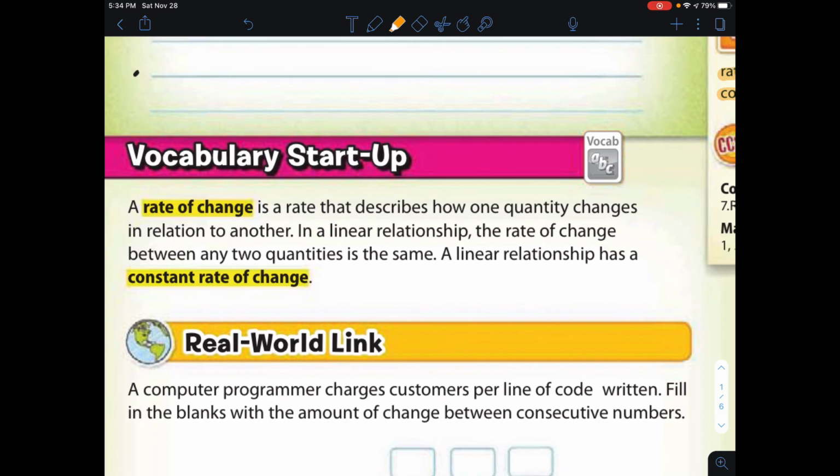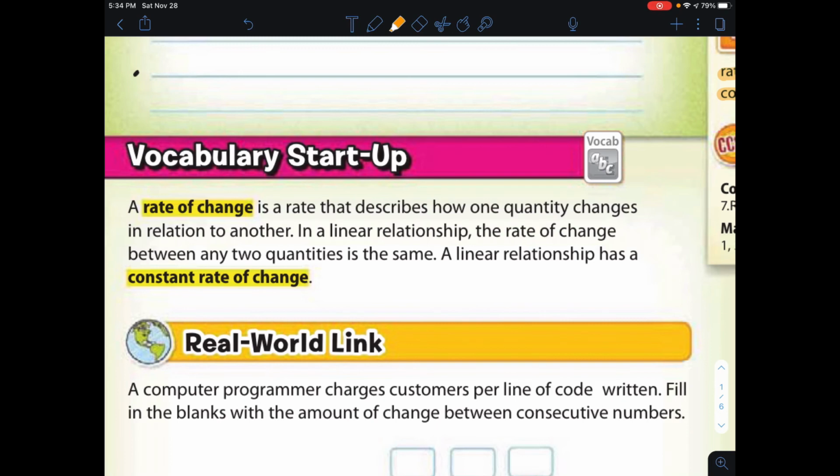For myself, I can type probably 60 words in 2 minutes. So for every 2 minutes I can type 60 words. So in 4 minutes I can type probably around 120 words, something like that. So that is what we call a rate of change.